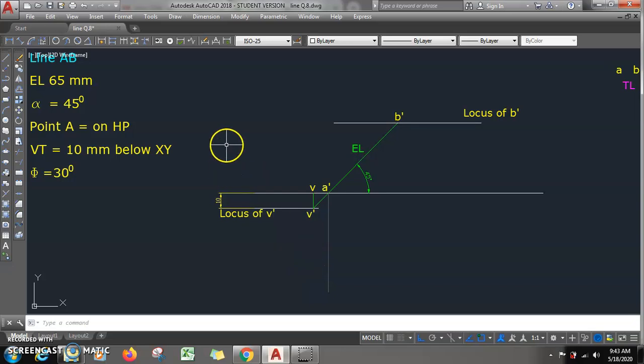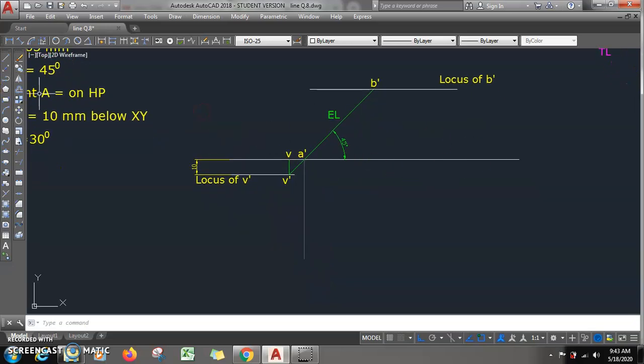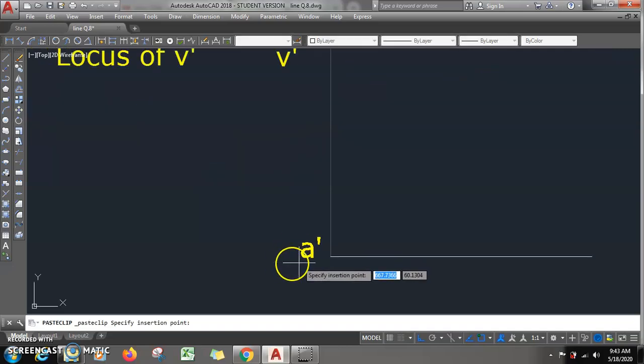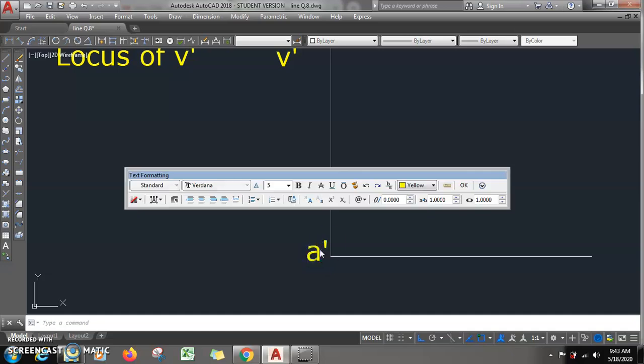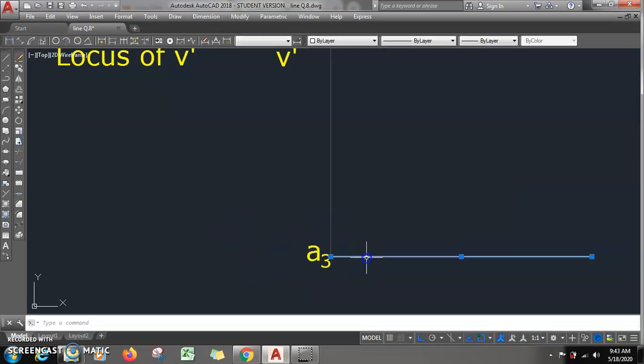So we need to assume a location. Somewhere at the downside, let us assume this is point A. This is not the final location, it is arbitrary. So let us say this is A3.